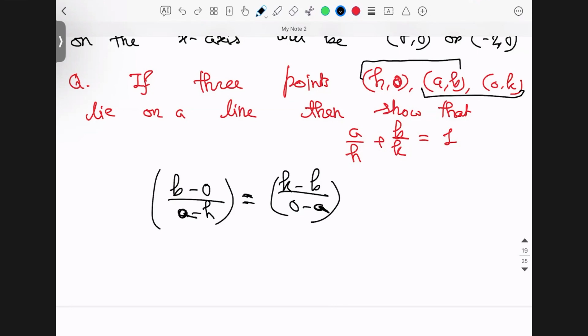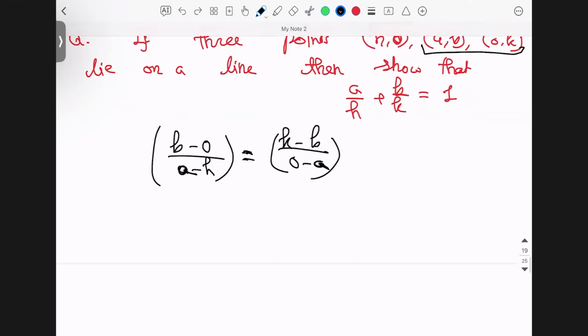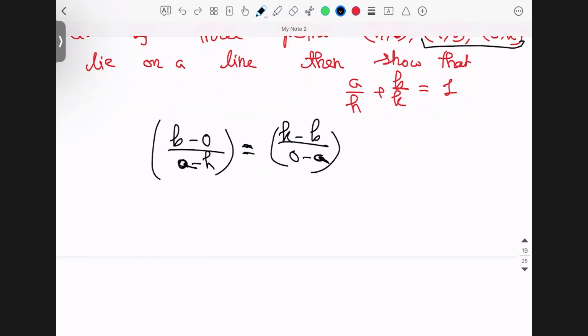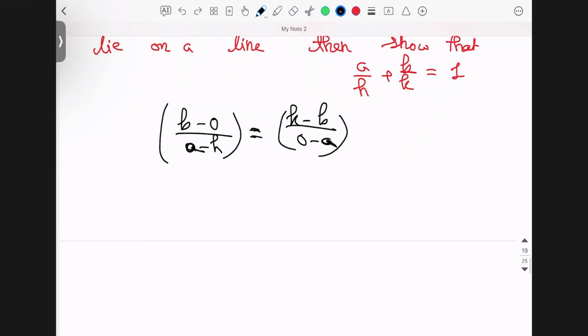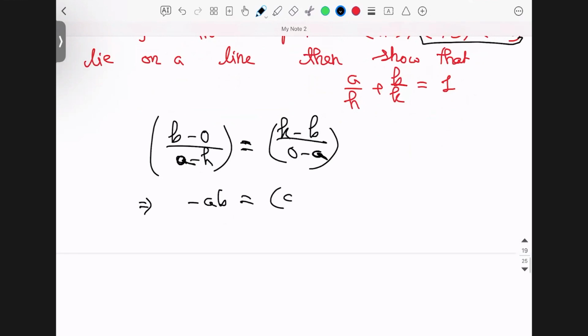Thus, we have obtained these two slopes and we have made them equal. So from here, if I do the calculation, I will get minus ab equals (a minus h)(k minus b).